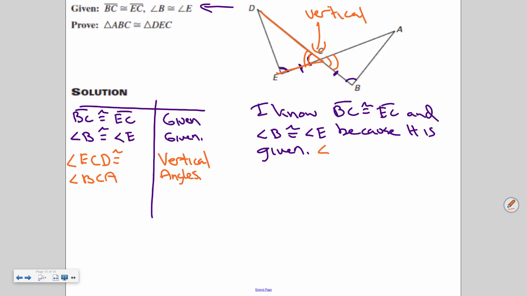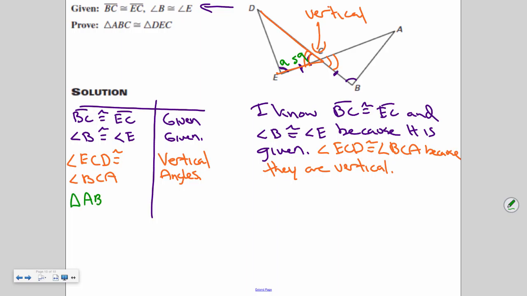In paragraph form, it would be angle ECD is congruent to angle BCA because they are vertical. Now you can notice that I have the theorem angle, side, angle in both triangles. So I can say triangle ABC is congruent to triangle DEC by angle side angle.